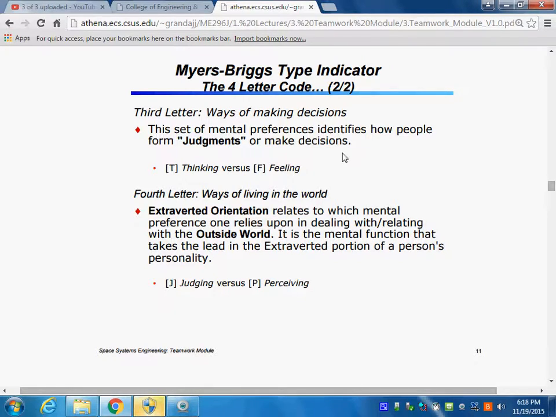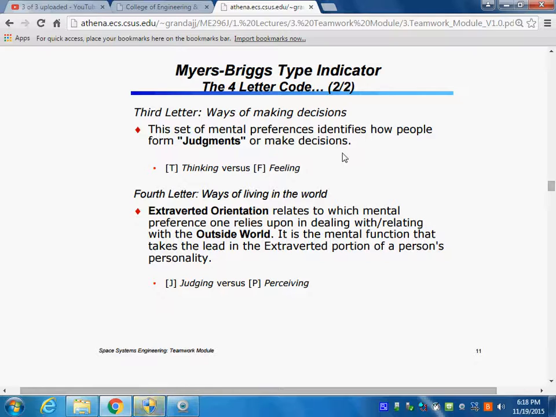You might have a little bit of both, but most certainly one of them is going to be dominant over the other. That's all we're saying. And the last letter is the way you live in the world. So you see, this is very general. And like I said, it doesn't have a grade where one succeeds or not. It's just to have an idea of how people are.